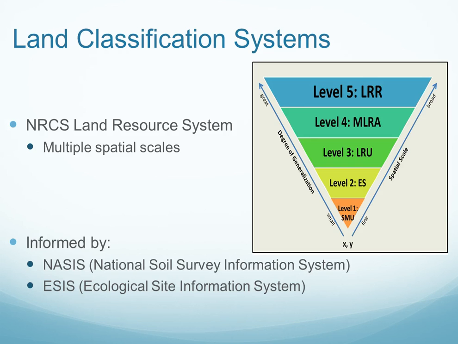The land resource system is informed by two primary information sources: the National Soil Survey Information System, or NASIS, and the Ecological Site Information System, or ESIS.